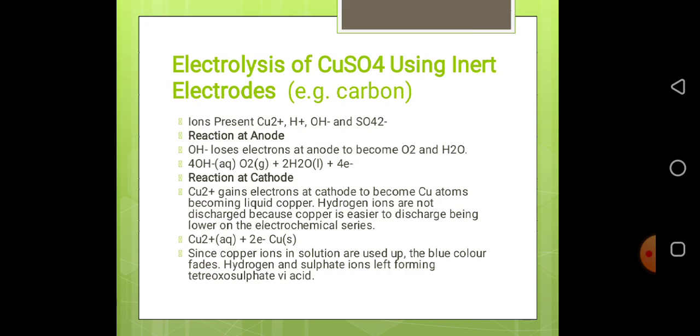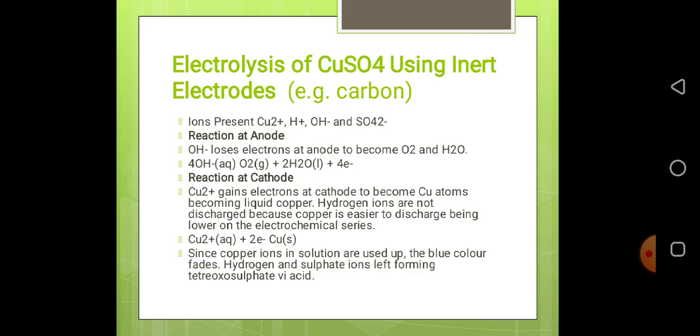So the OH loses electrons at the anode to become oxygen molecule and water molecule. This is the reaction: OH to give oxygen and water plus electron. That is at the anode.